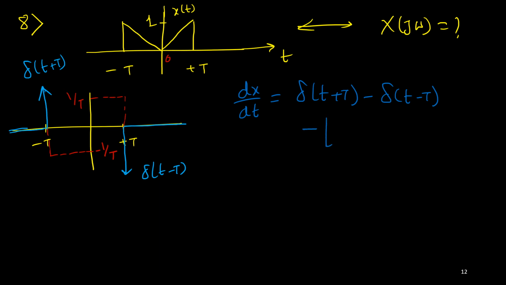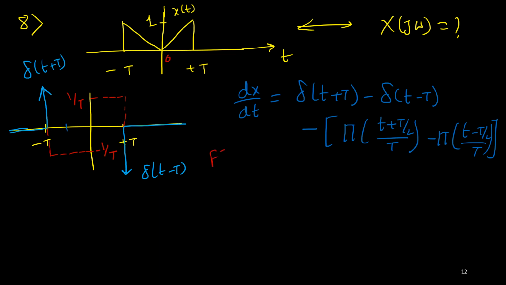And then I take common this pi function located at minus T by 2, so plus T by 2 upon capital T, minus pi t minus T by 2 upon capital T. Right? So now it is very easy.